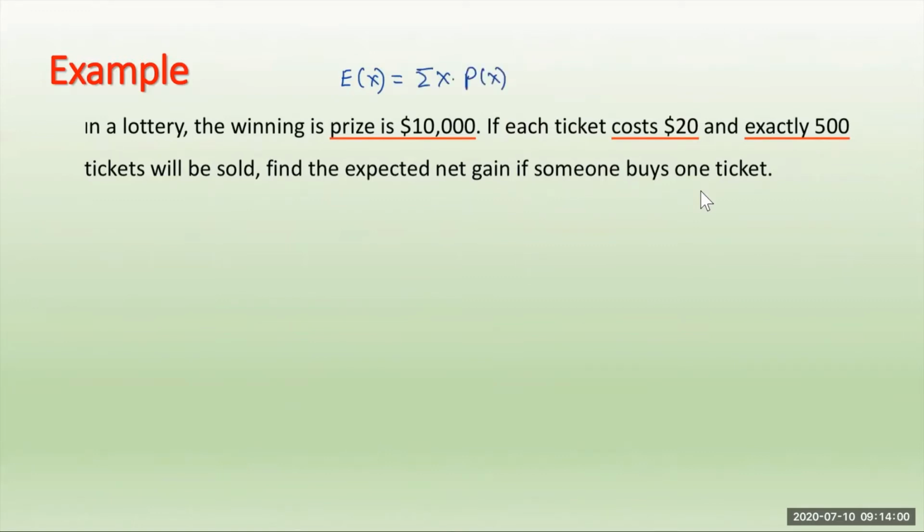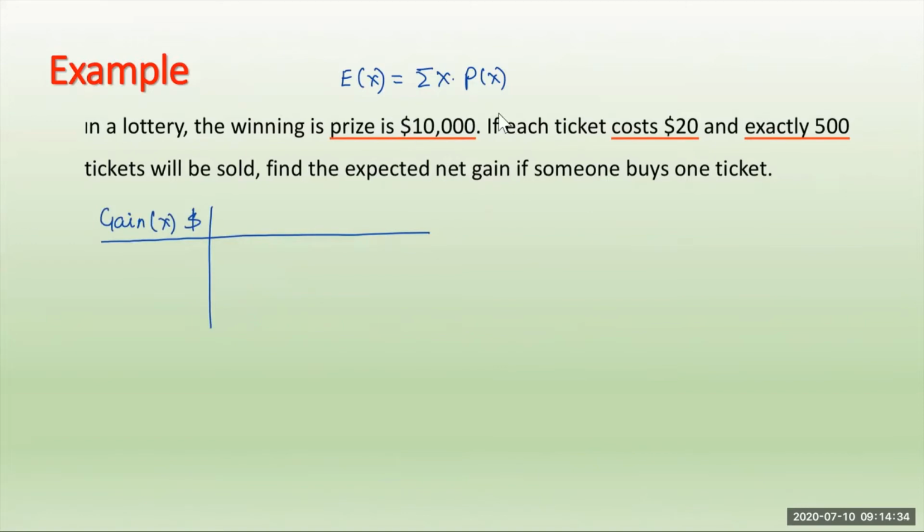That is the formula. So first we are going to create the probability distribution for gain. So I'm going to consider gain x in dollars. That is my random variable. There is only one gain. If somebody wins the ticket, then the gain will be 10,000, out of which the cost is 20.